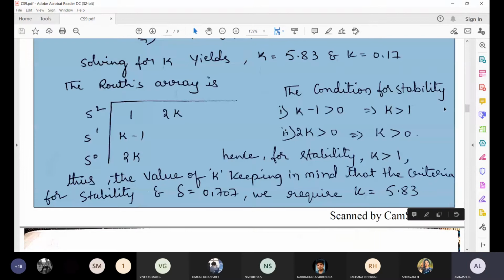So can anyone please reply to me, have you taken this one? Otherwise I'll give some time for you to take down. Siddhanath, Manoj, Nivedita, Nisha. Done. Yeah. Anyone is there? Have you taken this numerical? Yes, sir. Very good, very good. 1 minute, sir. Yeah, please take it down. If you have any doubt, please ask me.